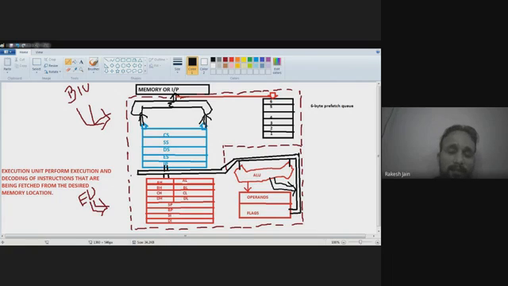The frequently asked objective questions on this topic: how many sections are there in the 8086? The bus interface unit and the execution unit are the answer. How many segment registers are there: 1, 2, 4, or 6? 4 segment registers are available in 8086. Are segment registers related to the bus interface unit or execution unit? From this lecture you should understand that they are part of the bus interface unit.